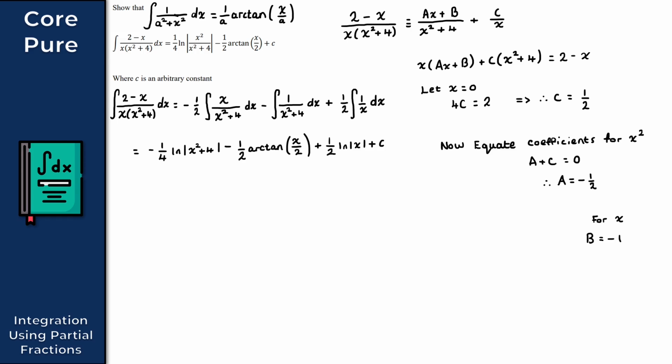Because I can see the final solution involves combining these natural logarithms, let me rewrite this. Put in the ln x at the front, given that that's positive.